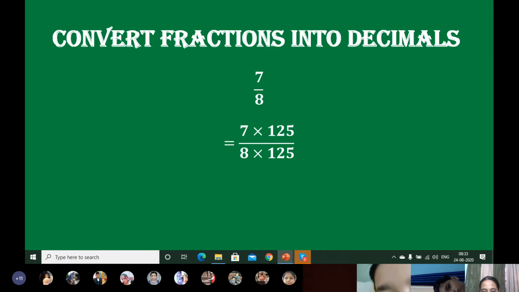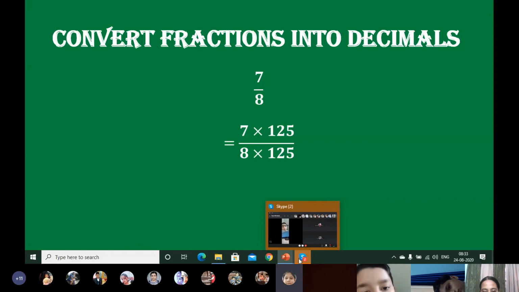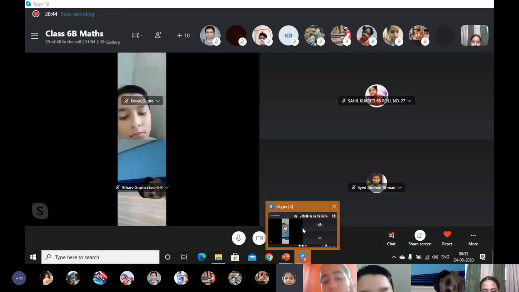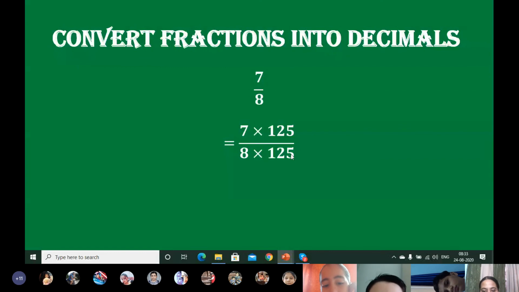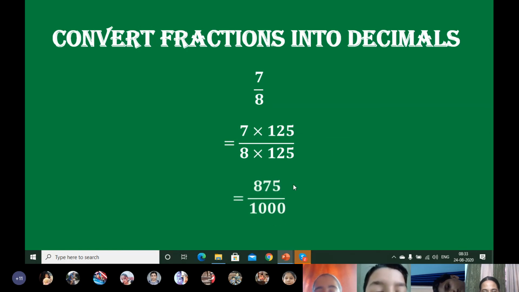Just now you saw that if we multiply 8 by 125 we get 1000. Yes, ma'am. Similarly we will convert this into an equivalent fraction. We will multiply 7 by 125 also, and we will get 875 upon 1000.